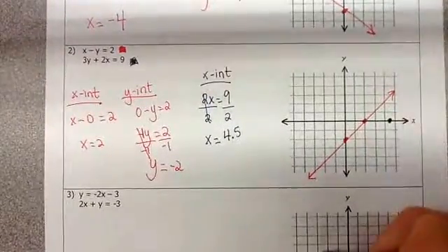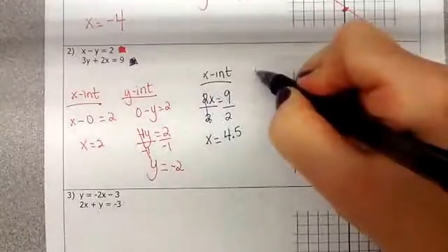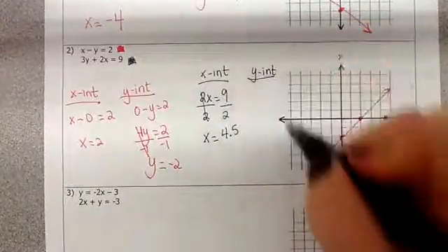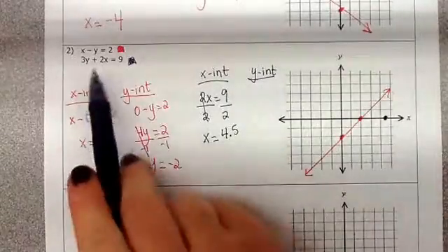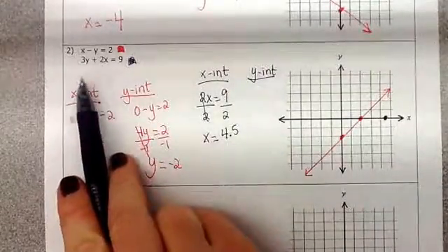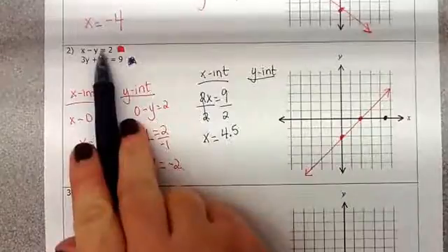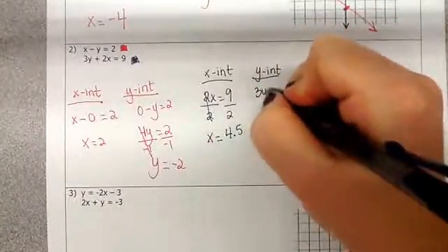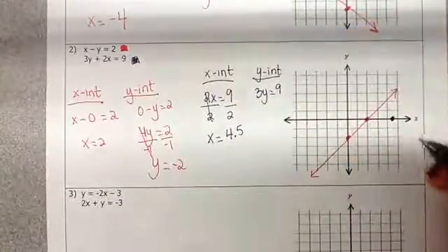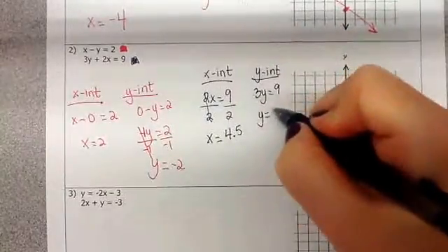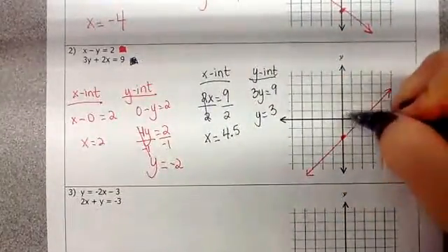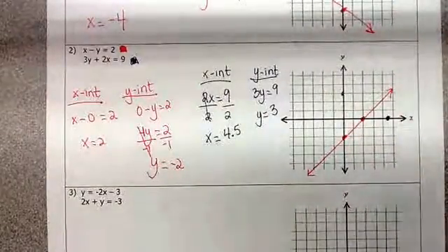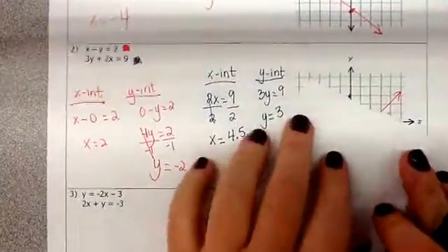And lastly, you found your y-intercept, and how do you find your y-intercept? Plug 0 in for x, so 3y equals 9. What did you get for your y-intercept? 3. So when you graph these, use a straight edge or a ruler.